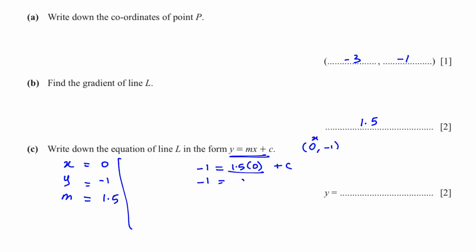This will give us 0, so we are left with -1. C is -1. After you find your c, replace your gradient, which is 1.5, and your c, which is -1, in this equation. Okay, so your equation of the line is y is equal to 1.5x minus 1.